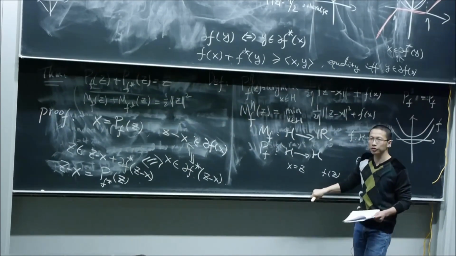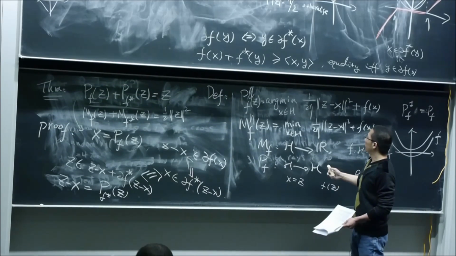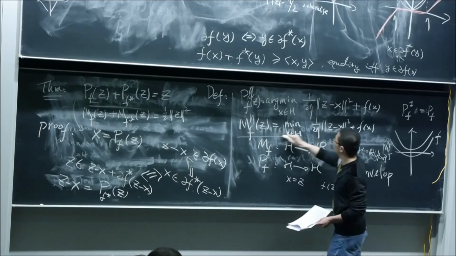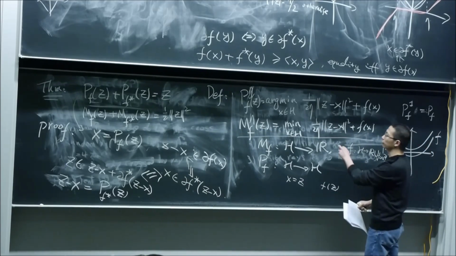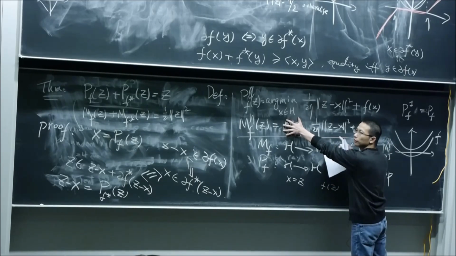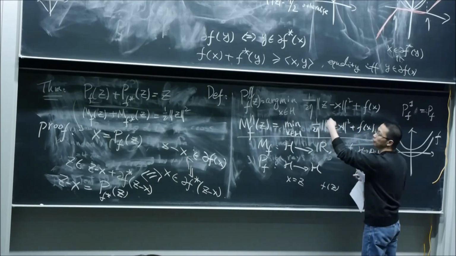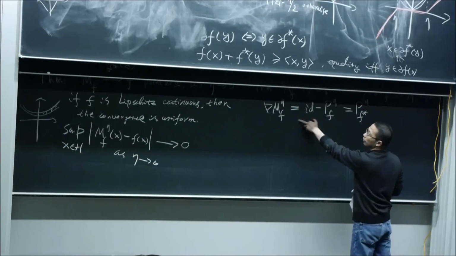But if you just want to know why, if you look at this definition and take the derivative with respect to z, you can ignore the min. Take the derivative, and that gives you this formula here.